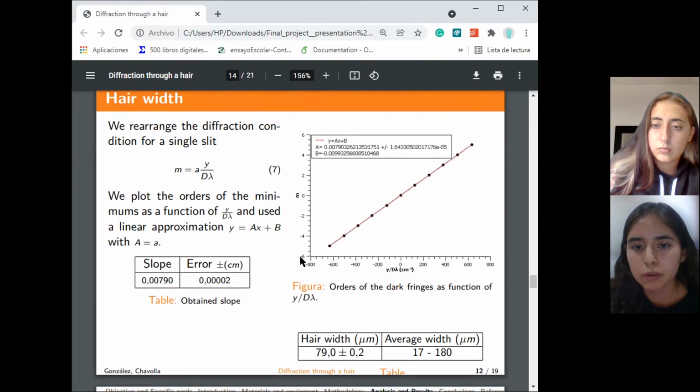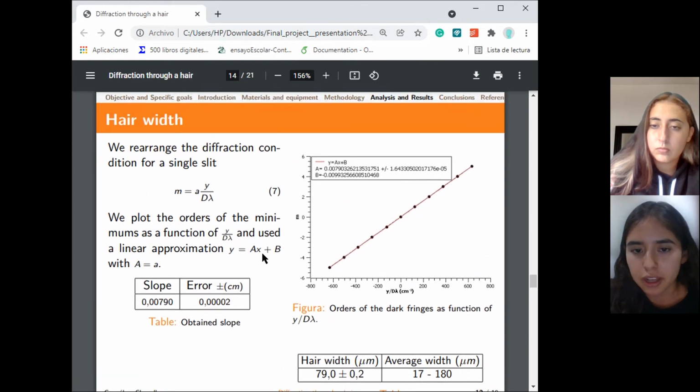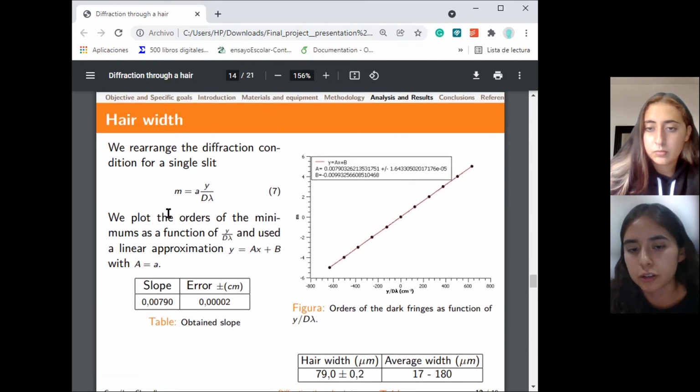We rearranged the diffraction condition, as in equation 7, and we observe that it is possible to plot the orders of the minimums as functions of this quantity in the table above.